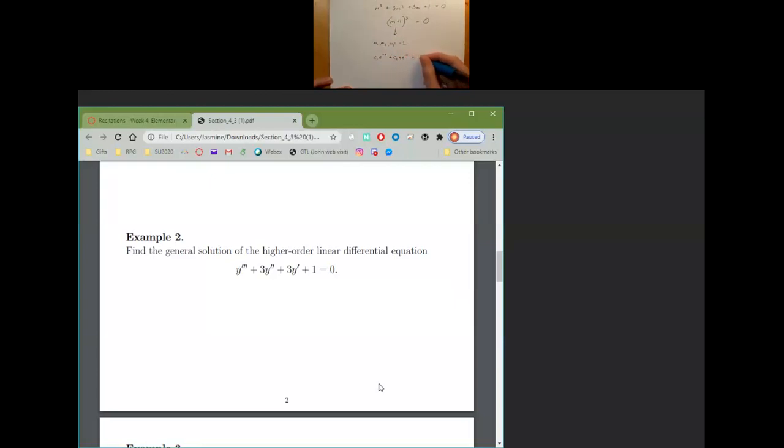And then C3 multiplied by x squared multiplied by e to the minus x. Perfect. Yep, y equal to this is the general solution.